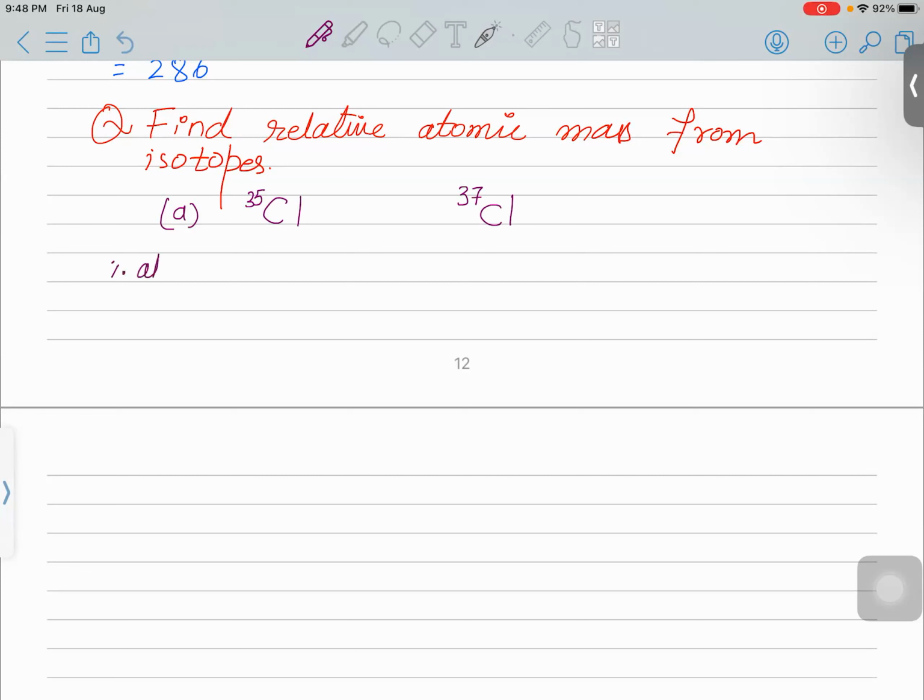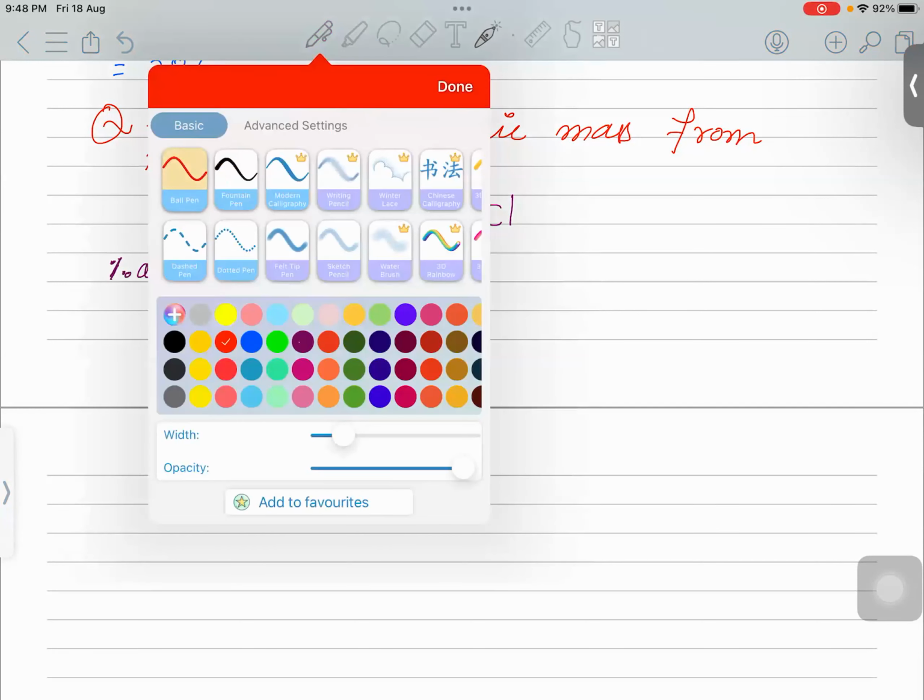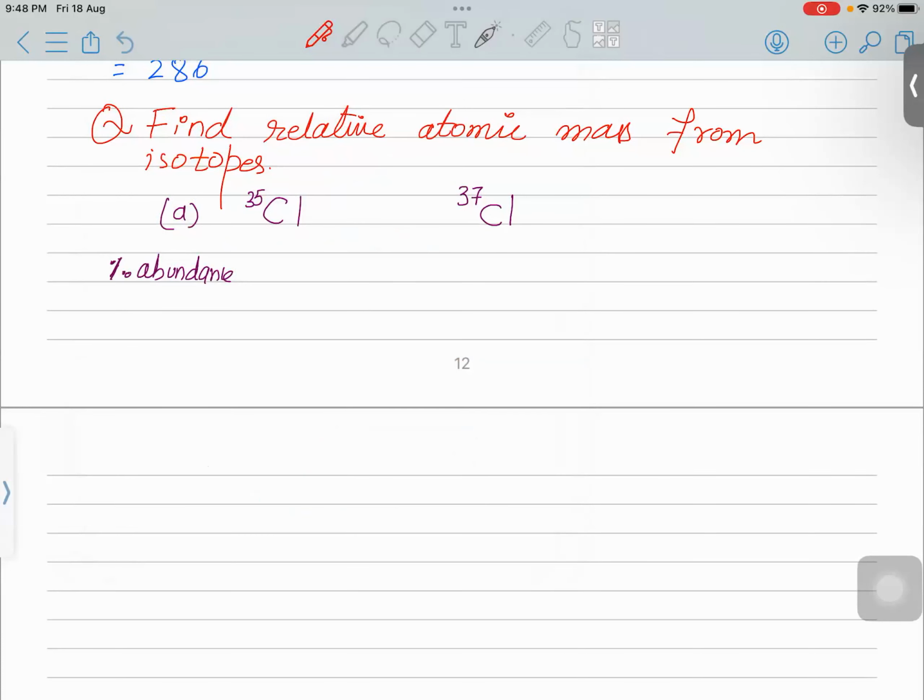Percentage abundance means out of 100, how much of it occurs in the universe. Chlorine 35 is 75% and chlorine 37 is 25%. You have to memorize this.